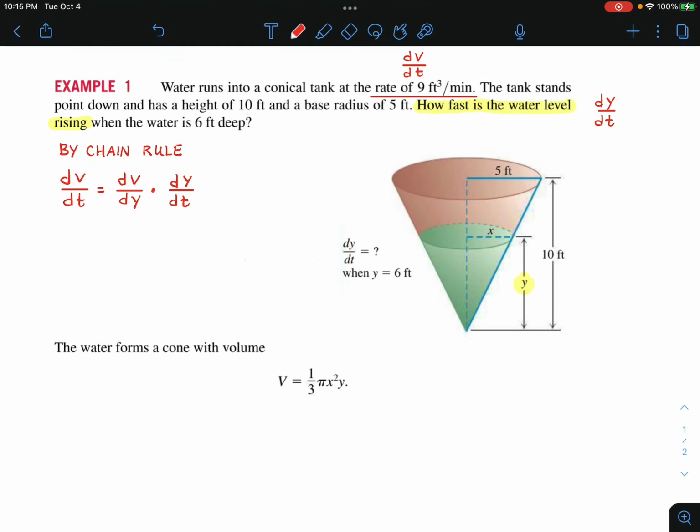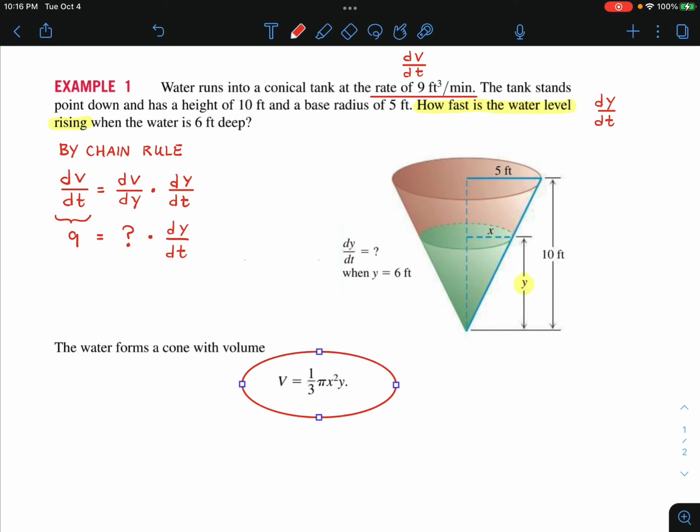So now we already know that this derivative dV/dt is 9, and dy/dt is what we're looking for. It remains to come up with this dV/dy in the middle before we can answer this question. In order to find dV/dy, we'll have to make use of the volume formula of a cone.